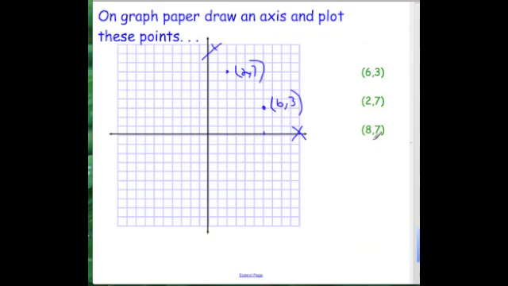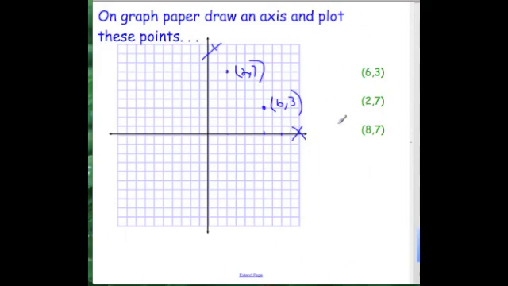Let's do the last one together. 8, 7. 8 is our x-axis, so we know we're going to be moving horizontally first to the right. So we go over 8. So 1, 2, 3, 4, 5, 6, 7, 8.